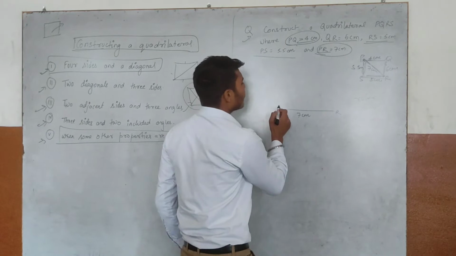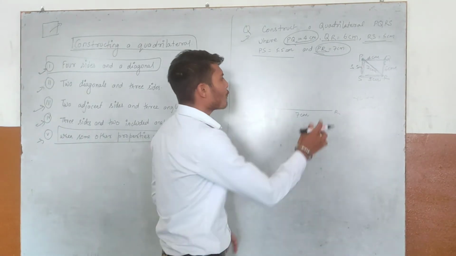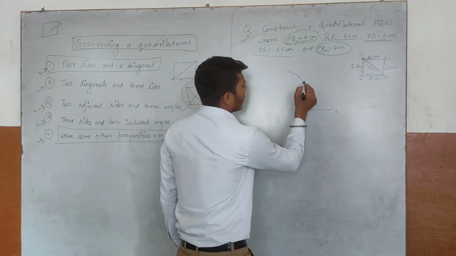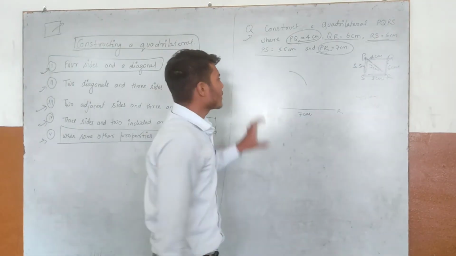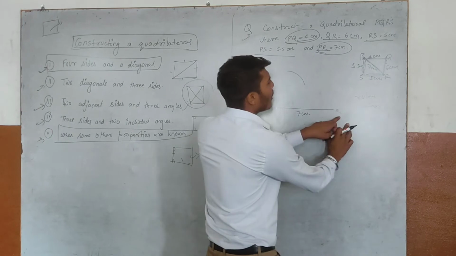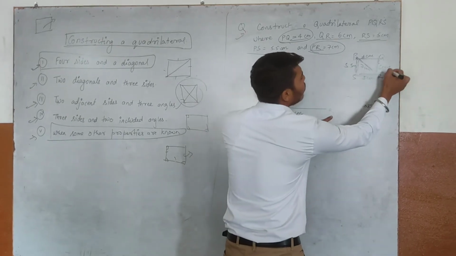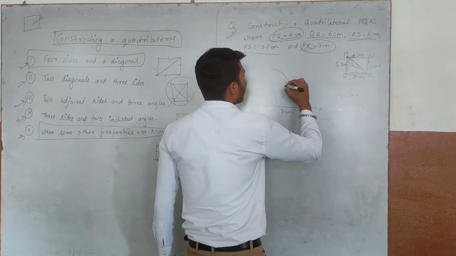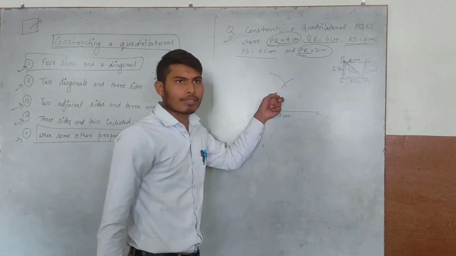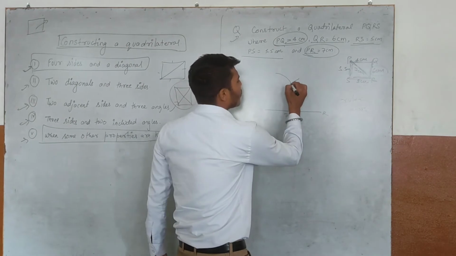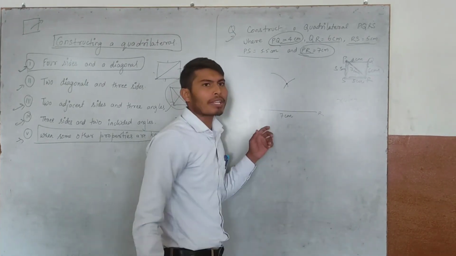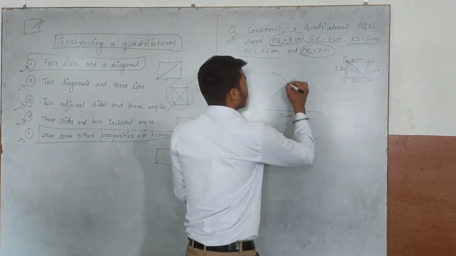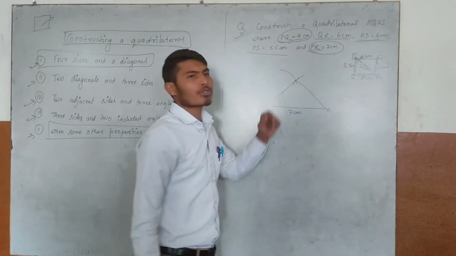For that, we make an arc of 4 cm from point P upward. Then from point R to Q, we cut an arc of 6 cm using the compass. It will cut like this. Then we simply combine the points cut by the arc, and it will make a triangle like this.